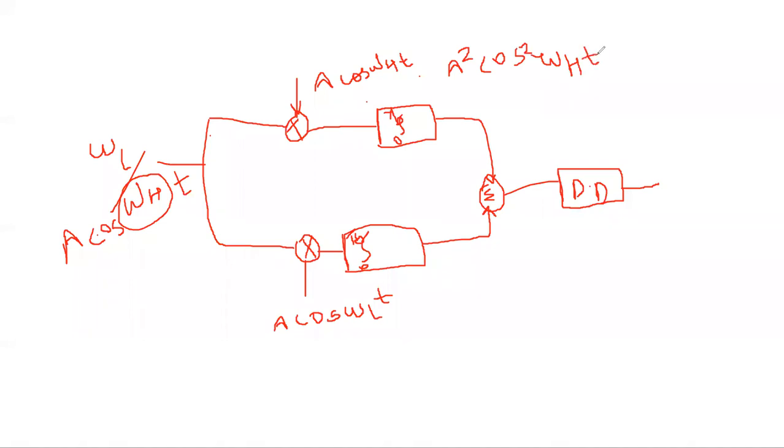In the lower multiplier, the two frequencies are different, so the component will be A into A, but we cannot take the cos squared term here, as the frequencies are different.